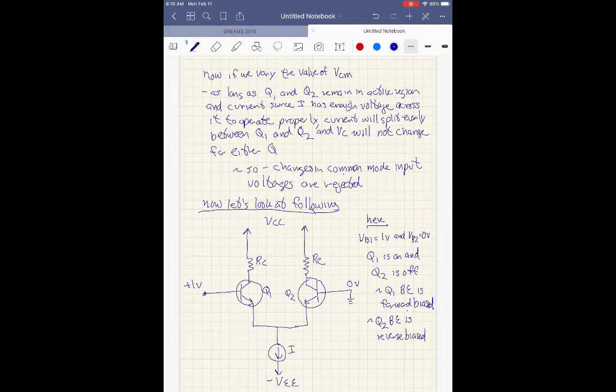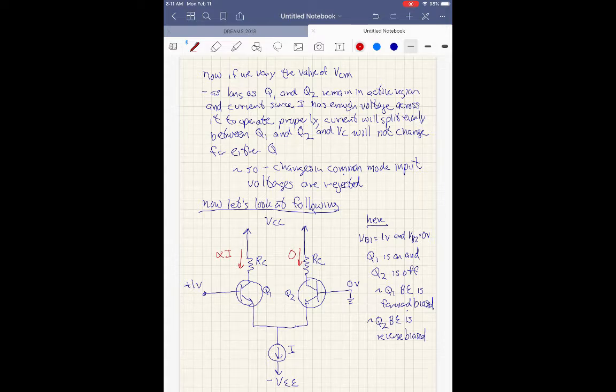Okay, so what are we going to have here? Let's take a look at this. I'm going to define some currents. All the current's going to go through Q1. So current through Q1, at the collector, is going to be alpha times I. Current through Q2, at the collector resistor, is going to be 0.